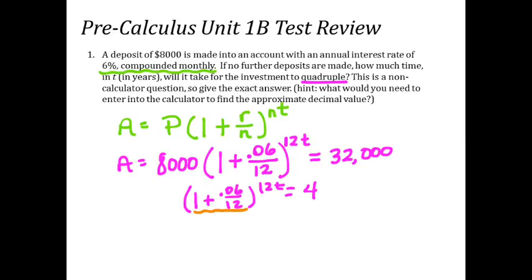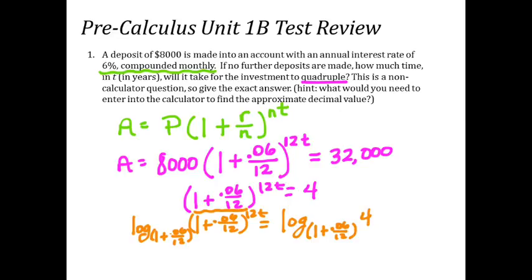So if I log both sides, log base 1 plus 0.06 over 12 of 1 plus 0.06 over 12 to the 12t power is equal to log base 1 plus 0.06 over 12 of 4.